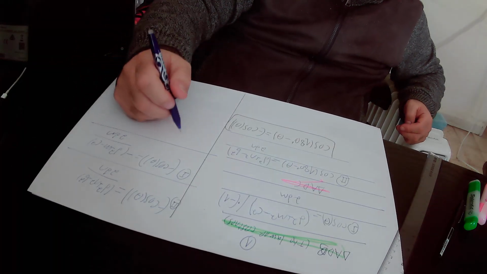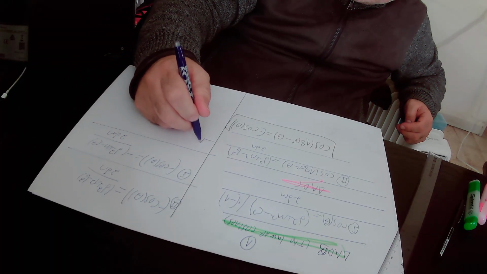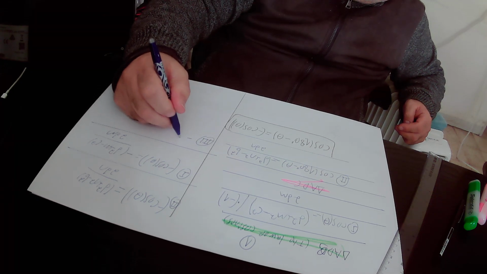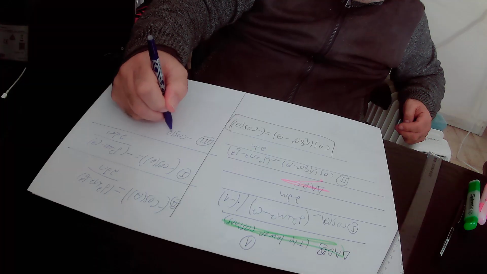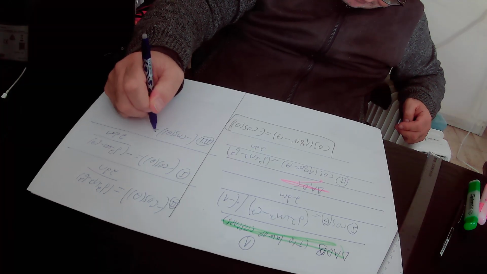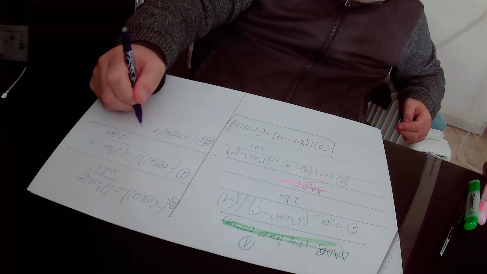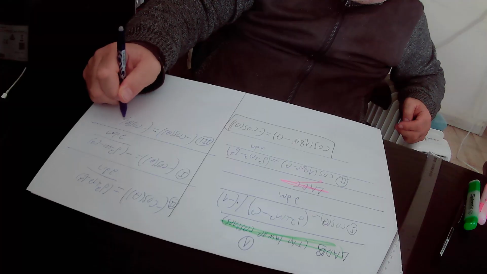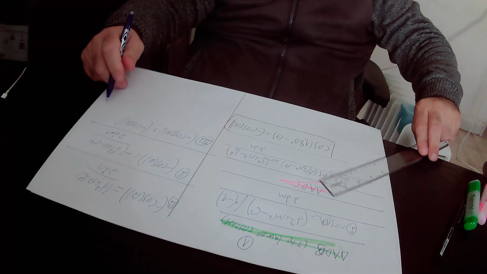Therefore we'll create equation number 3 that states that minus cosine theta, according to equation number 1, must be equal to minus cosine theta according to equation number 2.